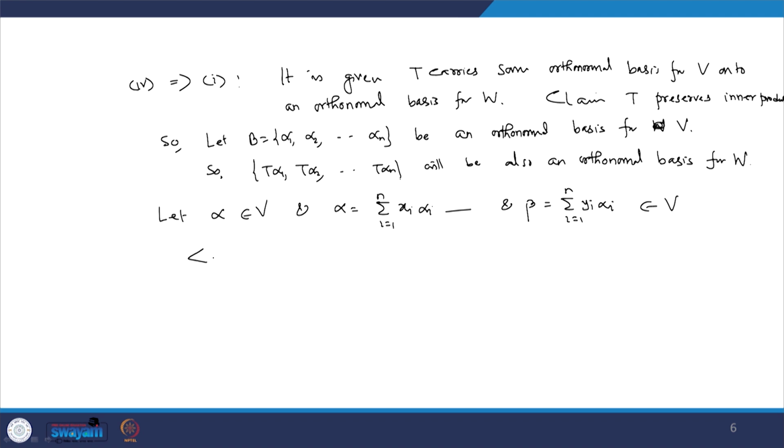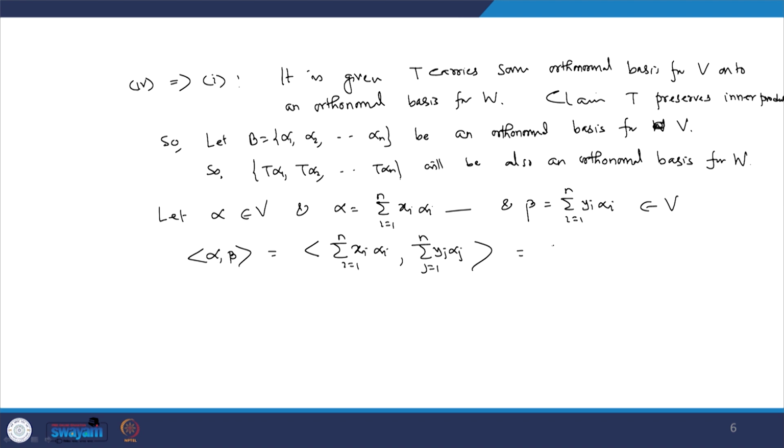So, inner product of alpha beta will be equal to inner product of sigma xi alpha i, i equal to 1 to n, and sigma yj alpha j, j equal to 1 to n.